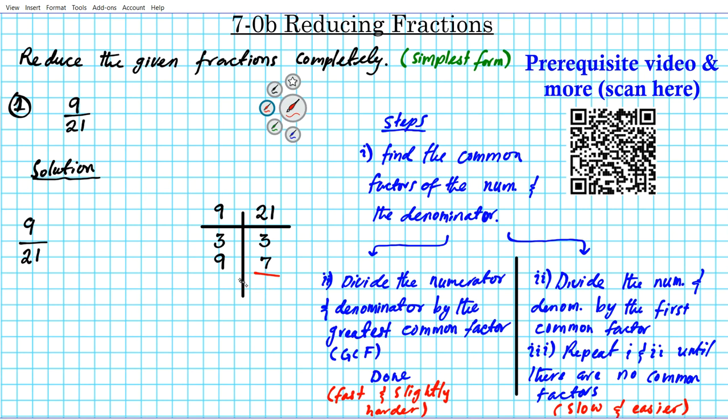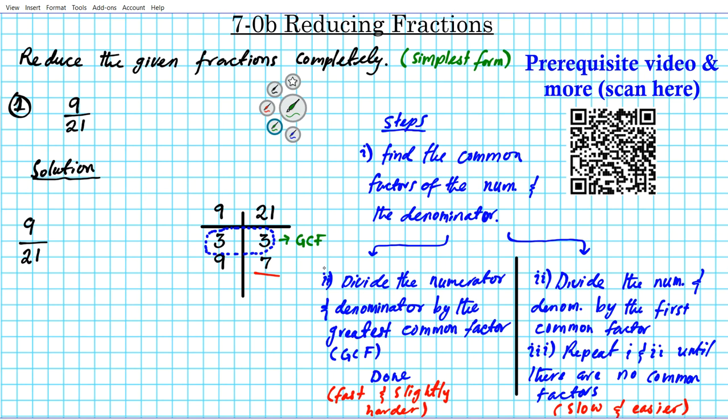Okay, so look at this chart that we have here. And what we notice is that there is only one common factor. The first common factor happens to be the only common factor. Guess what? In a situation like this, the first factor, if it's the only factor, is the greatest because there isn't any other.